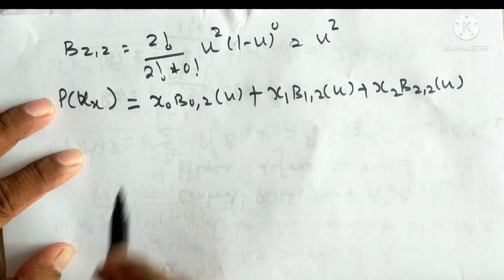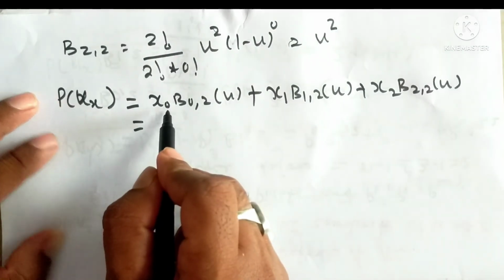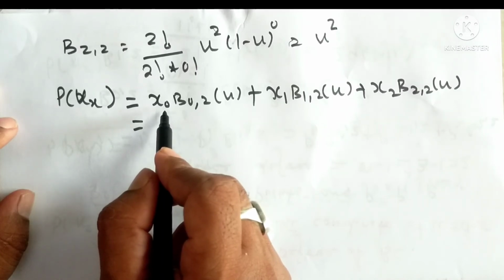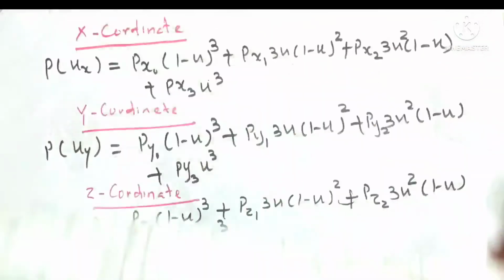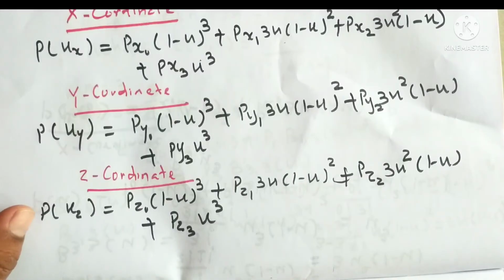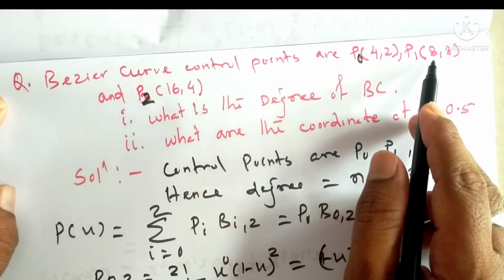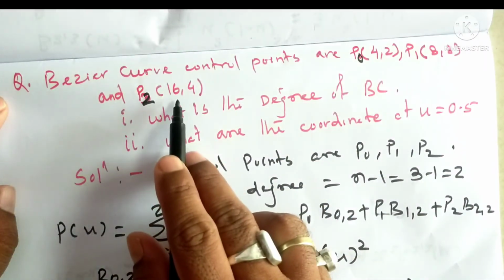Now x0 is the x coordinate of the first control point P0. As per my question, x0 is 4, x1 is 8, x2 is 16.